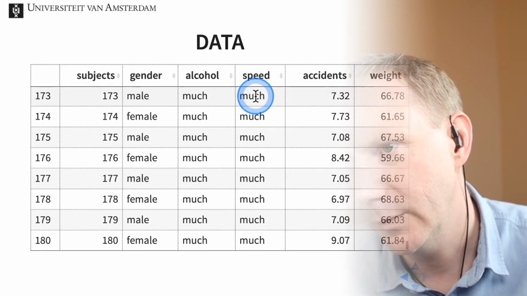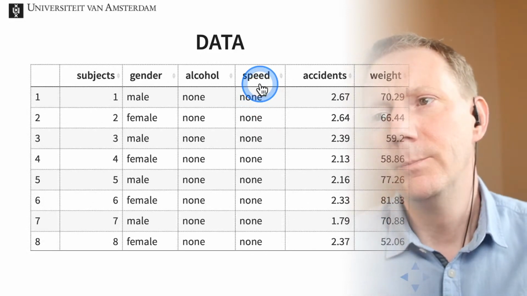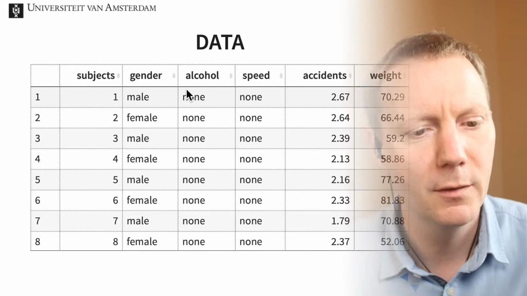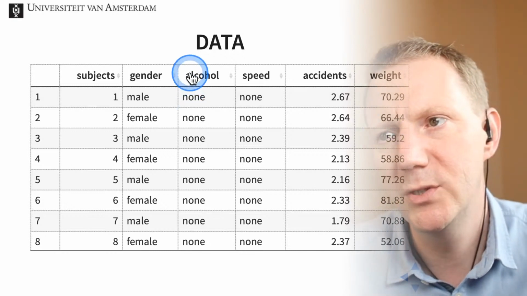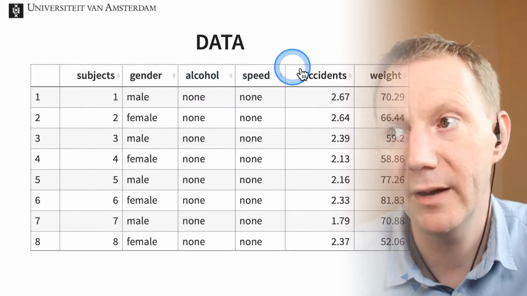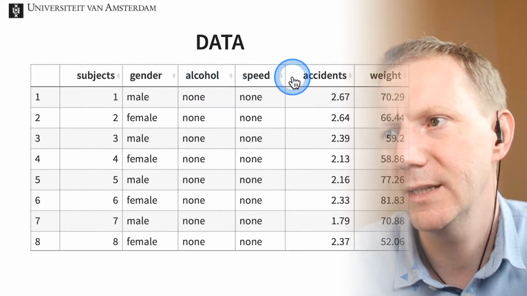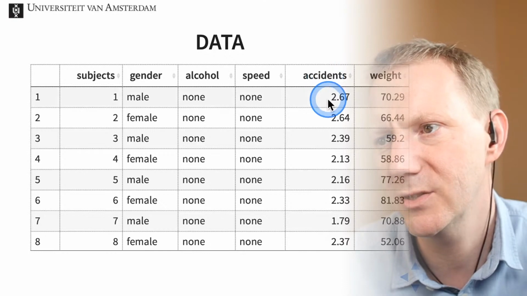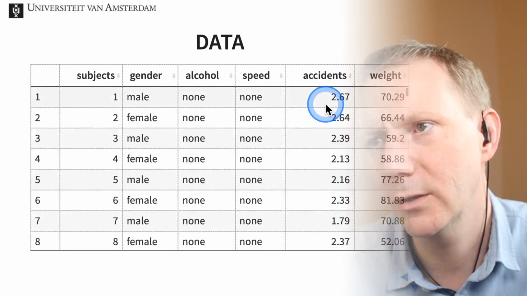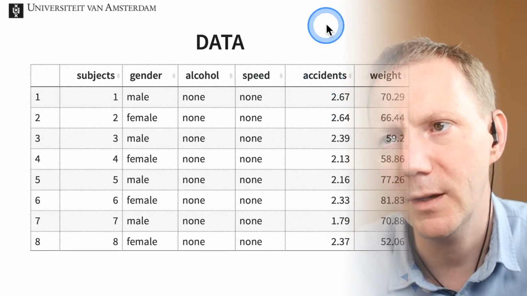Yeah, here we have it. So that means that for this example, we're going to have 2 independent variables, and we have 1 dependent variable. It's the average number of accidents, which are shown in this column.